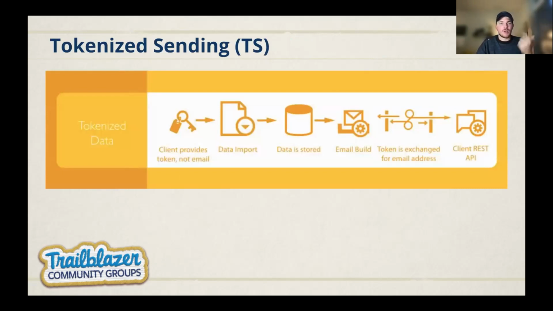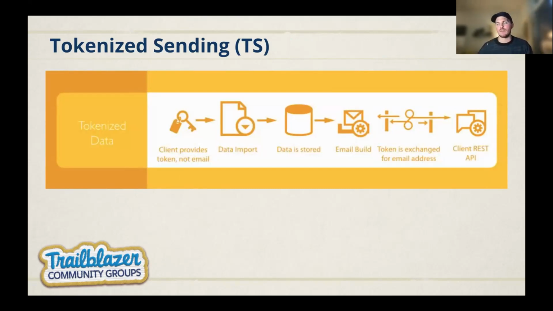And the way that I think about tokenized sending is basically an IOU. So if I've got a piece of paper, and any piece of paper available will do, and I write an IOU on it, and maybe I use my contact key of 1, 2, 3, so I know 1, 2, 3 corresponds to Jordan. We're only storing this IOU in Marketing Cloud.